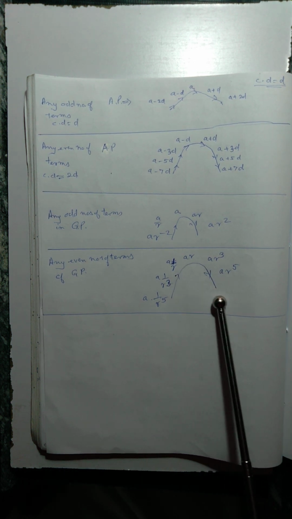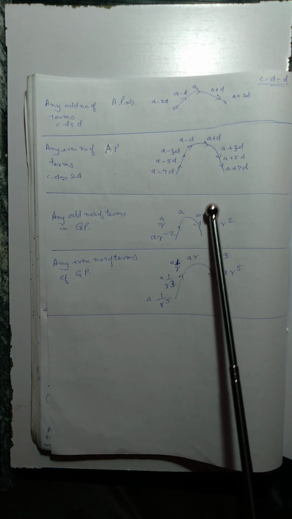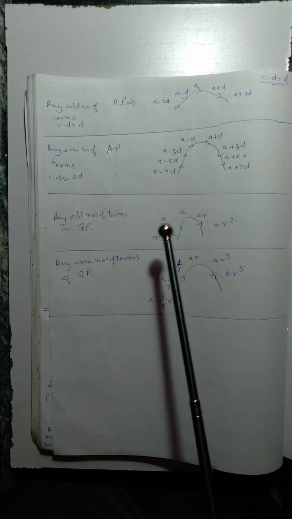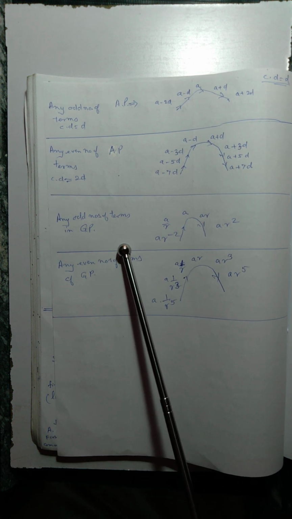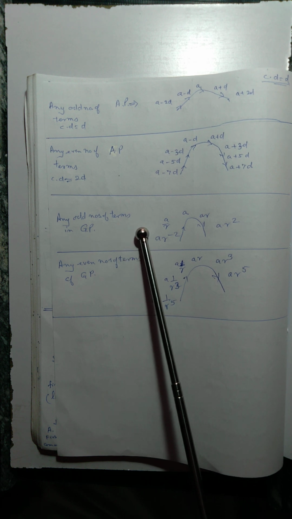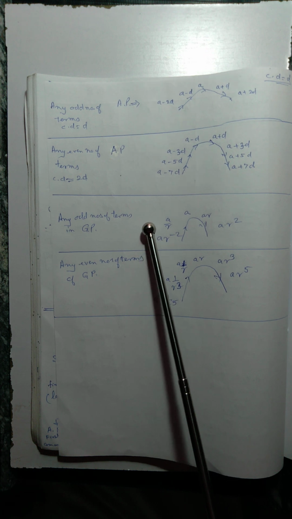So if you select or assume the terms like this for even and odd, as I have just described, it will be very easy to calculate the value of a, the first term, the common difference or the common ratio.